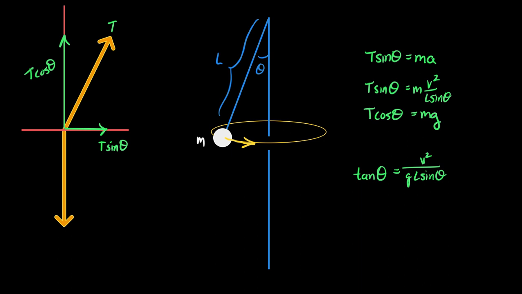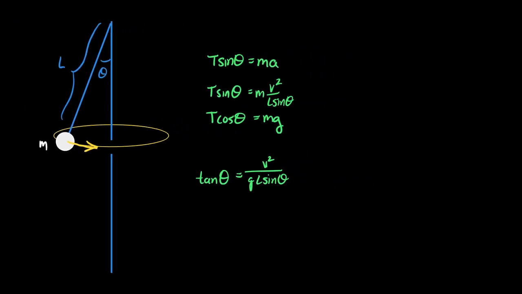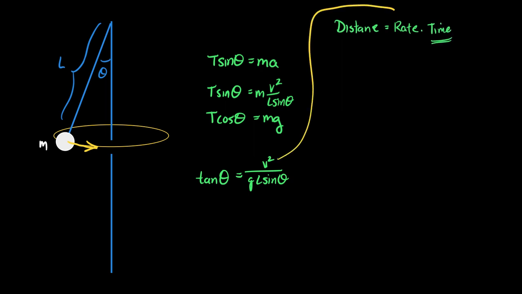I asked for how long does it take for it to go in a circle. I suggested to do that you think of distance equals rate times time. I want time. You have rate. What is the distance? Circumference.